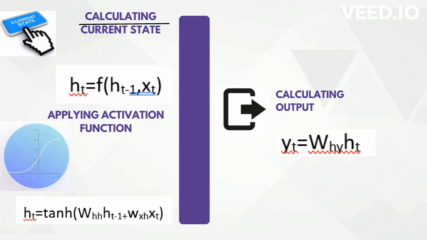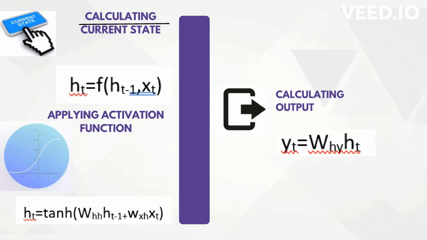And the formula for applying the activation function: in RNN, it uses the tanh activation function. That is, ht = tanh(Whh ht-1 + Wxh xt), where Whh is the weight at the recurrent neuron and Wxh is the weight at the input neuron.